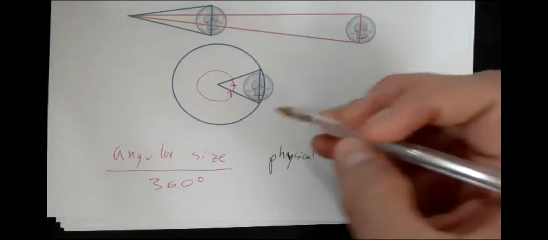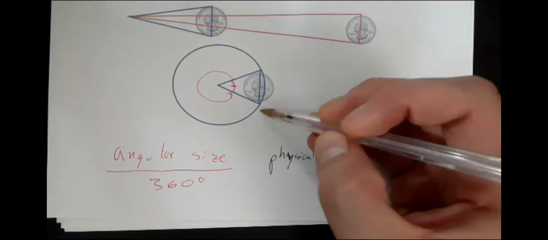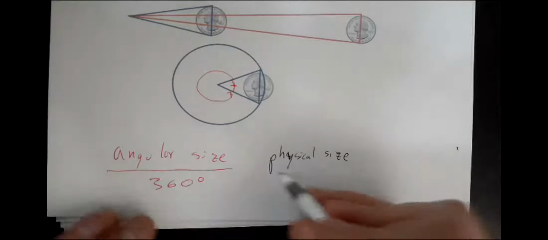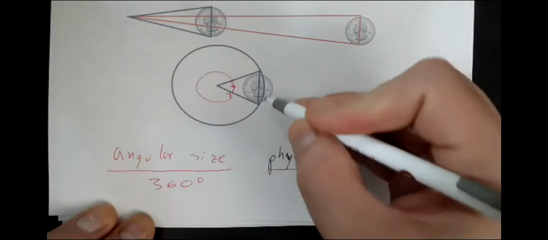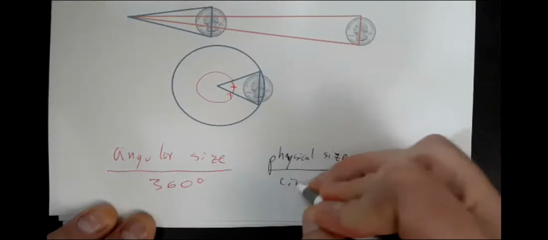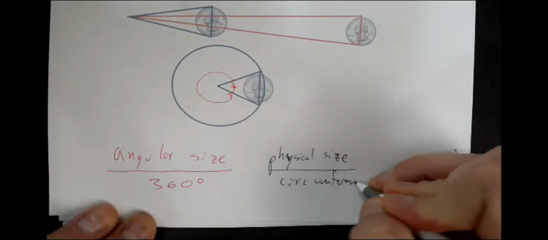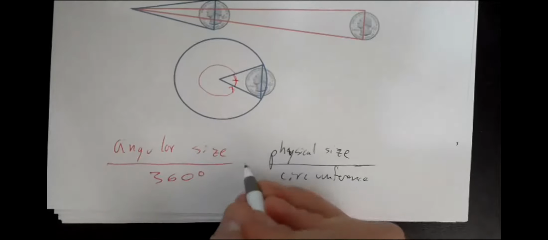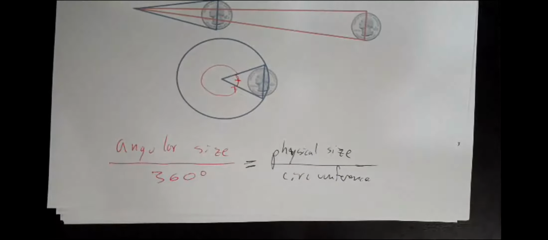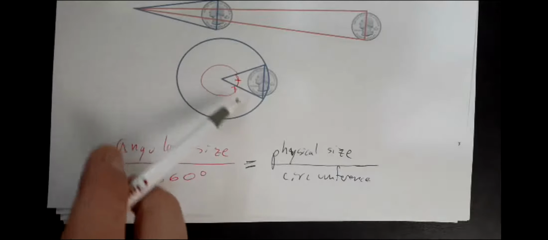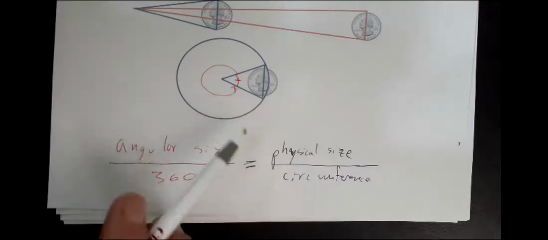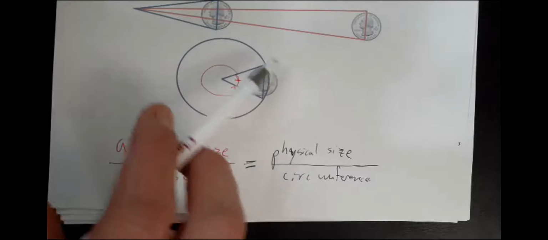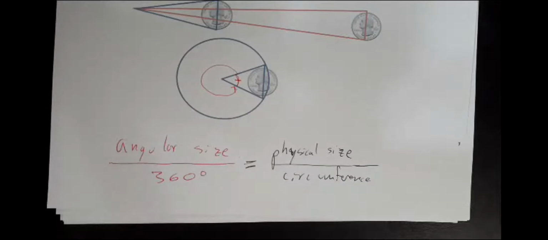The same way the physical size of this object right here, if we go all the way around the circle, is going to be compared to the circumference. And so we're comparing these two things. They should be similar. They should be the same ratio is what we're saying. This little angle part of the whole circle should be the same thing as the physical size of this object as compared to the circumference of this thing.